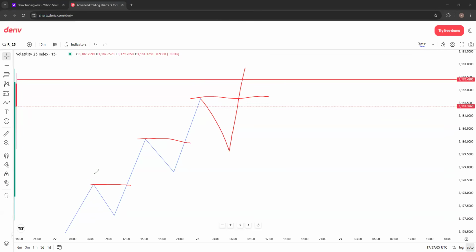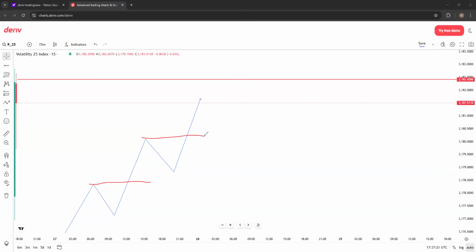What some other books, sources, or mentors might say is this is a break of structure, right? But as a beginner, when we're learning about break of structure, we don't really want to start terming this a break of structure. Let's just call this a break for now.